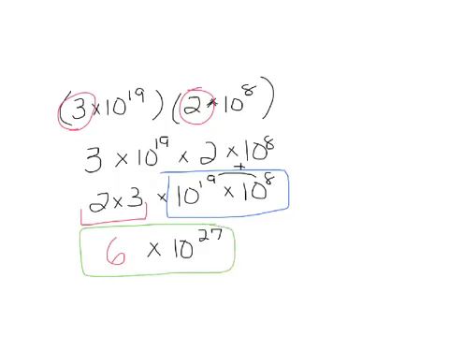Okay. This becomes slightly more complicated when I have something along the lines of 3.1 times 10 to the 19th power, and I want to multiply that by 5.6 times 10 to the 3rd power.